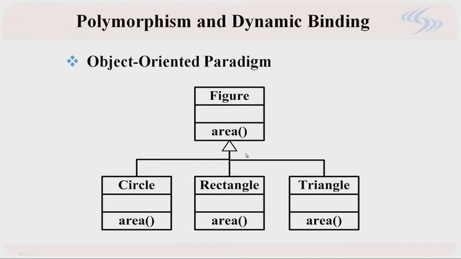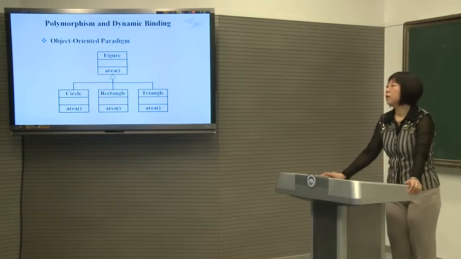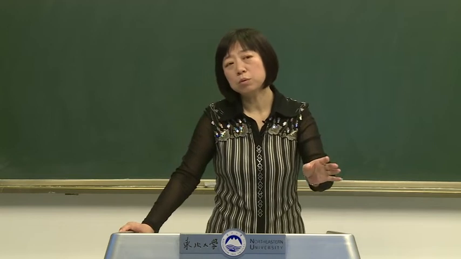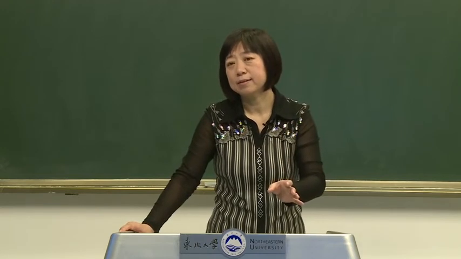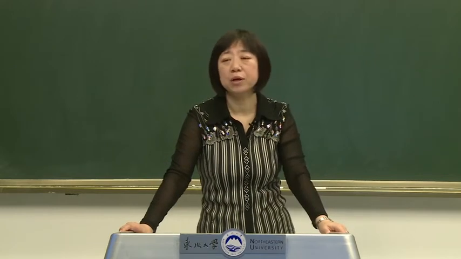Well, we must admit that we cannot just get the implementation for this method area within figure. So it is quite easy to understand, right? Because we don't know which figure it is. So you cannot just get a solution for the area.